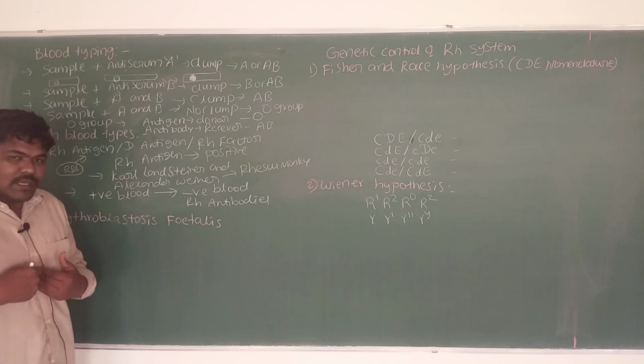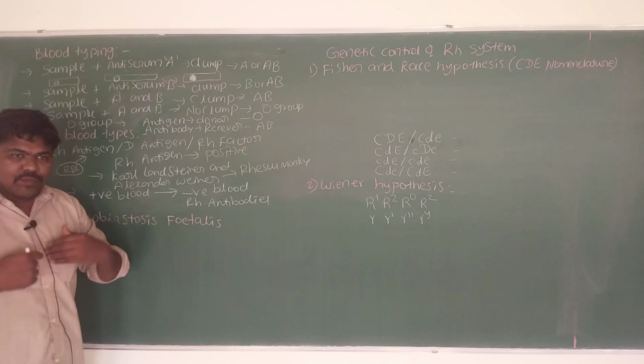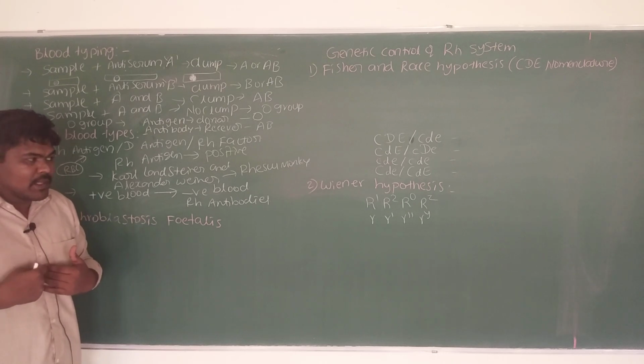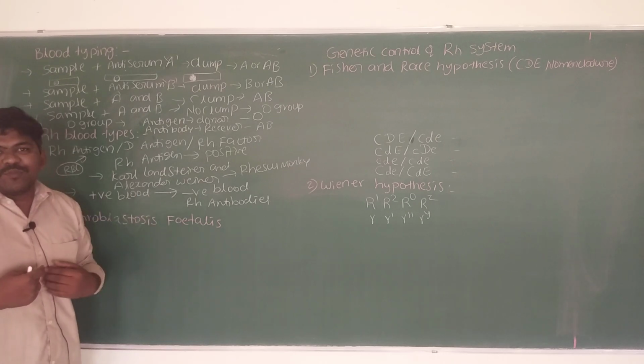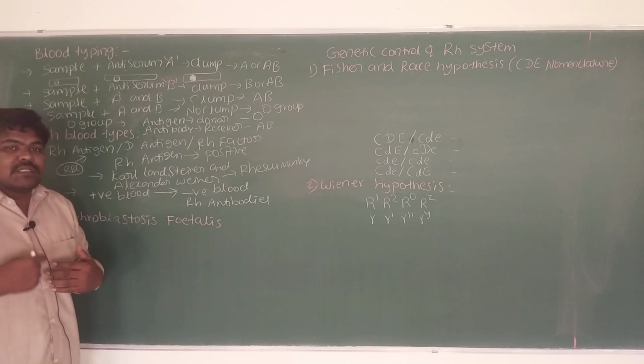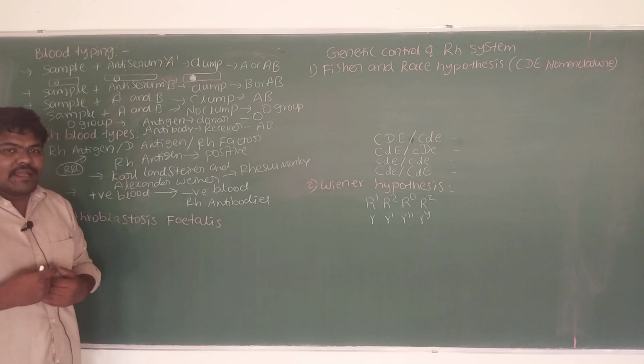If I take positive blood into my body, what happens? Naturally my blood does not contain Rh antibodies. When I have taken Rh positive blood into my body, my blood is negative, hence my blood will produce Rh antibodies because of the intake of the Rh antigen.